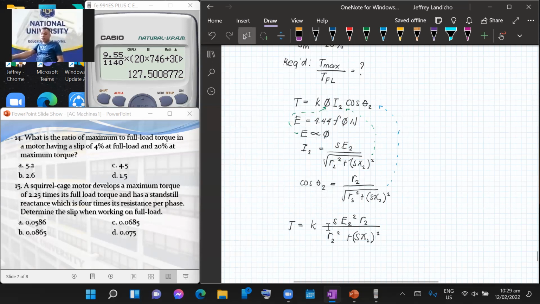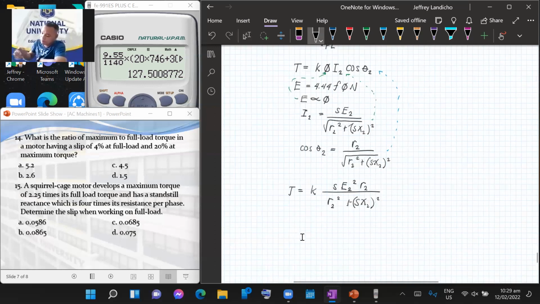So this would be the general expression for our torque ng ating induction motor. So now, para mas simplify yung analysis, let us consider at voltage is held constant. Let us consider at E is constant, sino na lang ang pwedeng factor that would affect the corresponding torque? That is only your S.